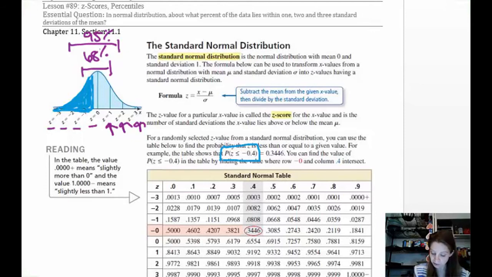And again, what we do is we want to know from negative 0.4, and we find where that column and row meets, and it's 0.3446. In other words, 34.46% of the data lies at or below negative 0.4 as the z-score.